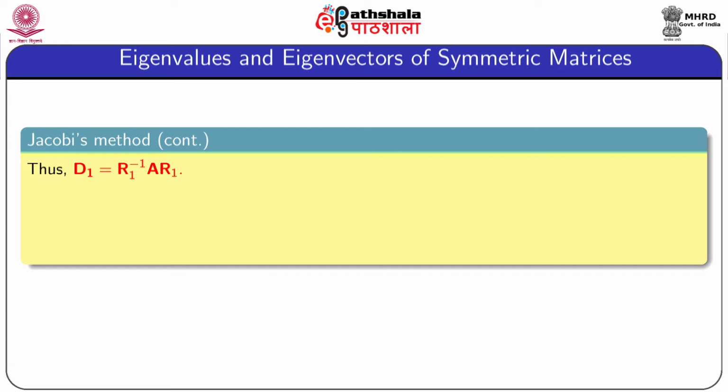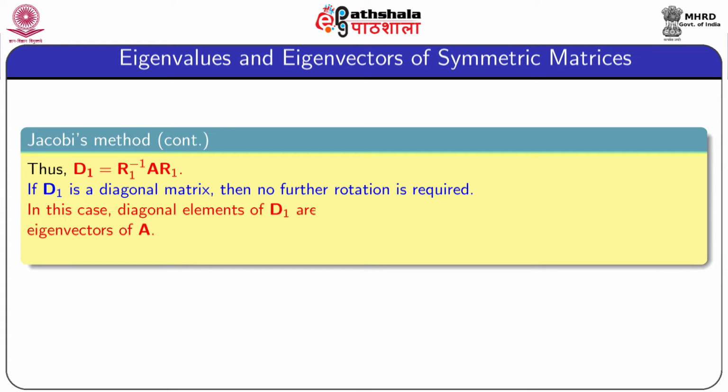Let R1 inverse A R1 be the diagonal element D1, that means D1 is taken as R1 inverse A R1. If D1 is a completely diagonal matrix, then no further rotation or transformation is required. But if D1 is not a diagonal matrix, then the next iteration is required.